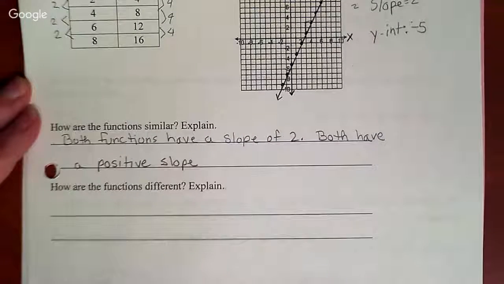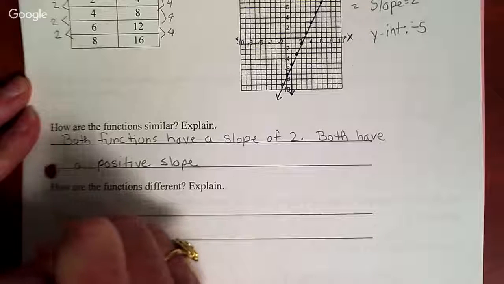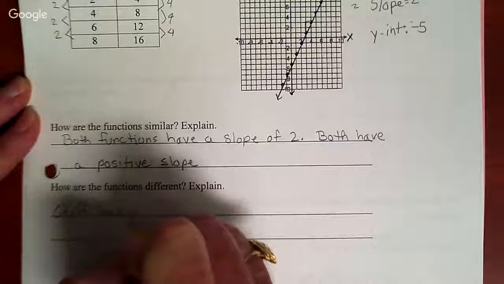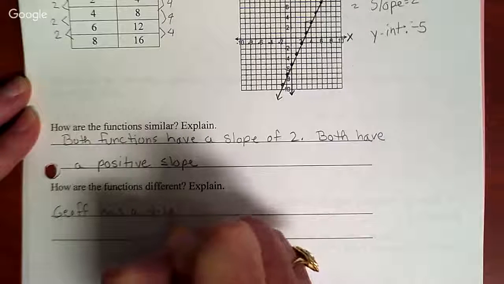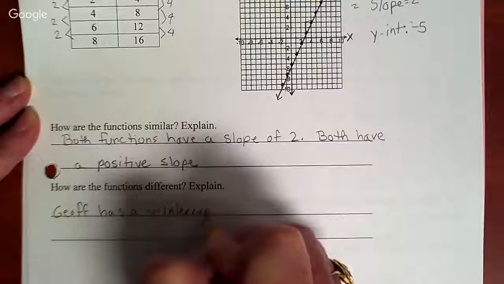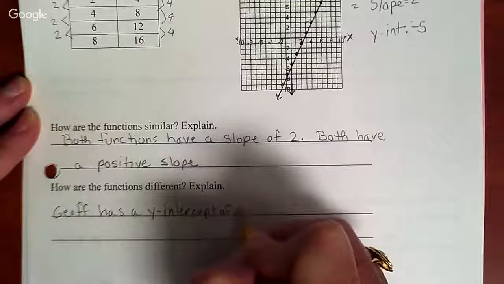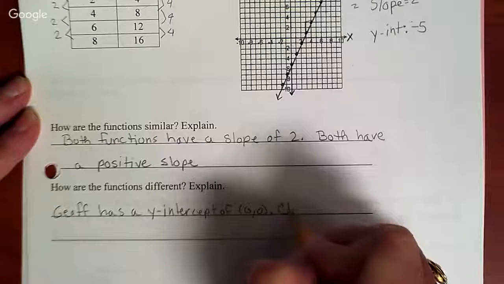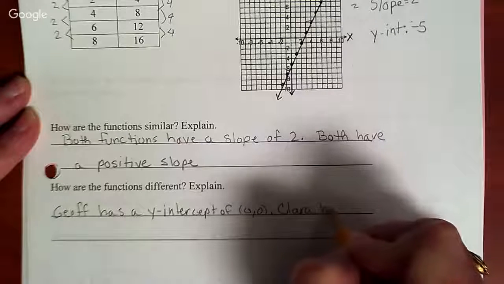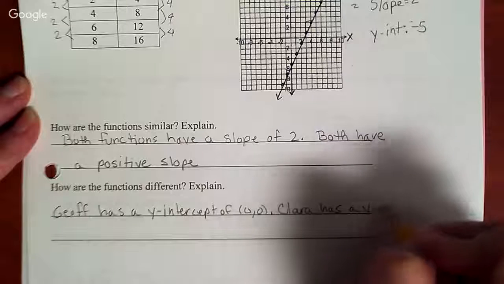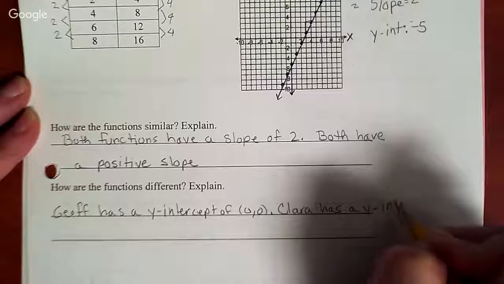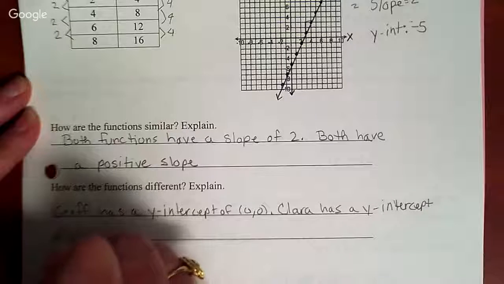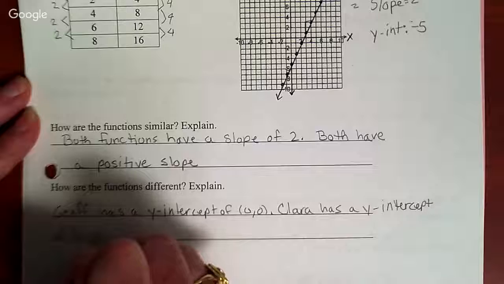How are the functions different? Jeff has a y-intercept of (0, 0). Clara has a y-intercept of (0, negative 5).